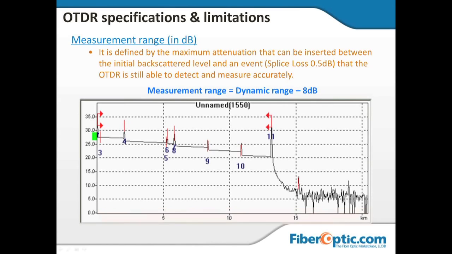And here we can see some of the events down in the noise. And this gives us a really nice, clean trace, proper length, proper dynamic range. We've got a good launch indicator. Our pulses aren't too wide. That's just a really nice looking, easy to read trace that shows us what's going on with our fiber in the field.